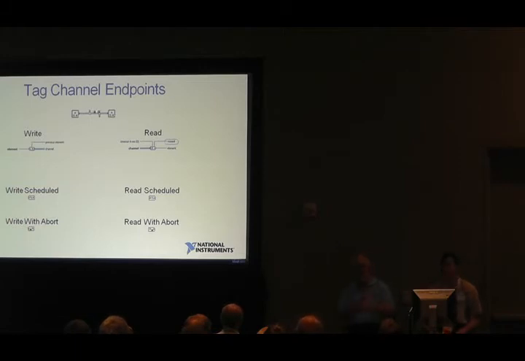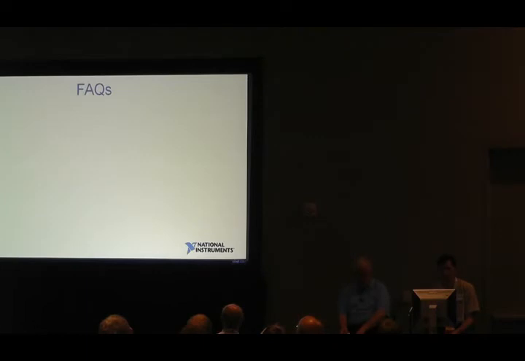You got a new value, but you've missed some number of intermediate runs. If it comes back -1, it means that it's a stale value. It's the same one you saw before. And again, there's a scheduled abort version from the tag.